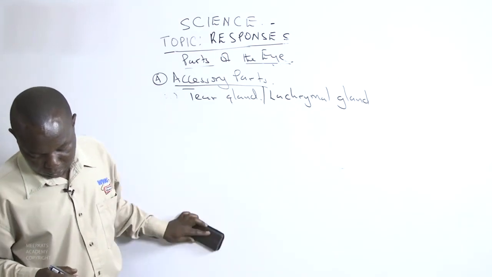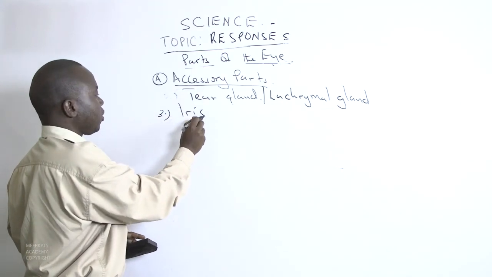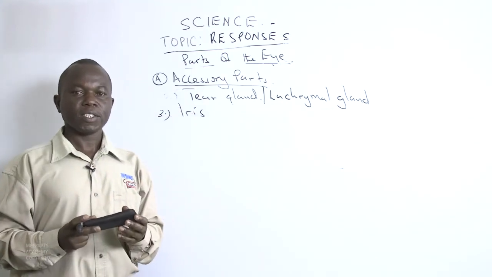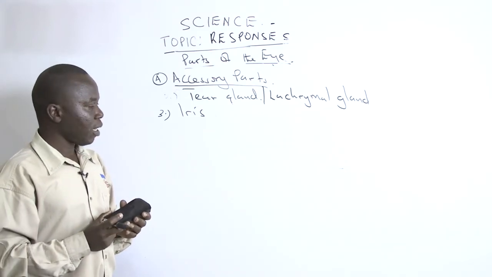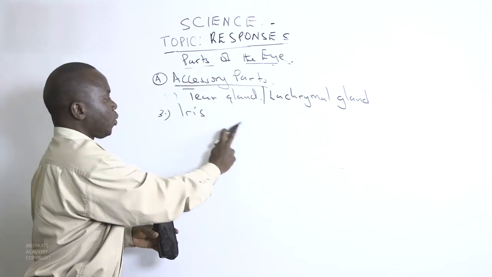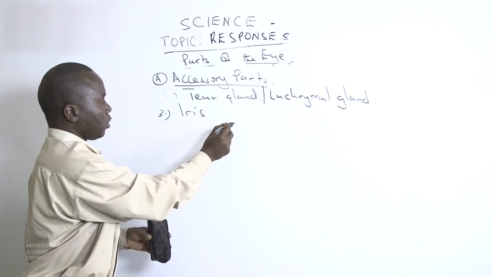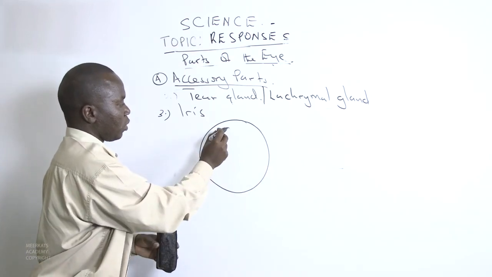Structure number 3, which is the last for this lesson, is a structure called the iris. Now, the iris, we have said, is made up of muscles. It's made up of 2 muscles.